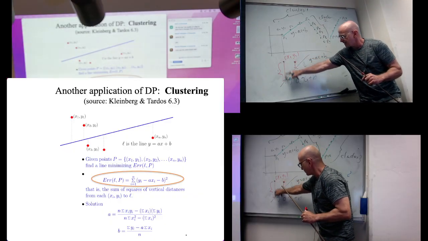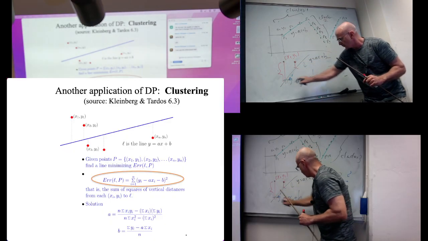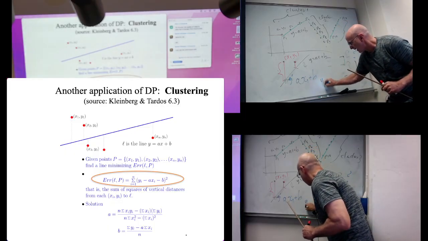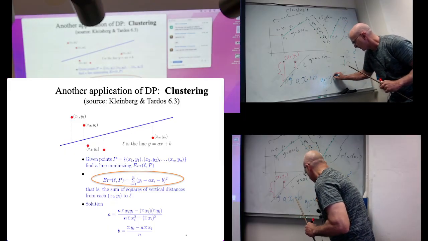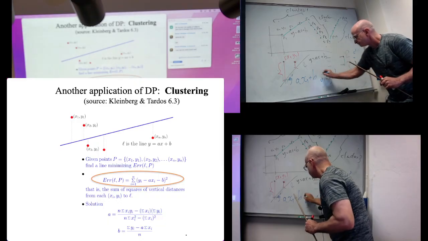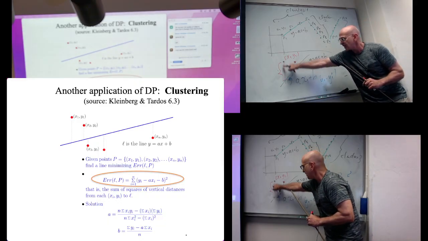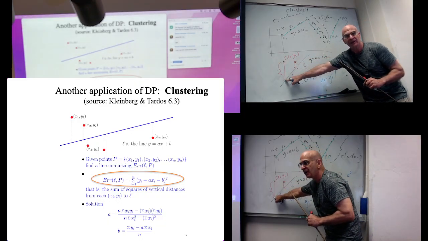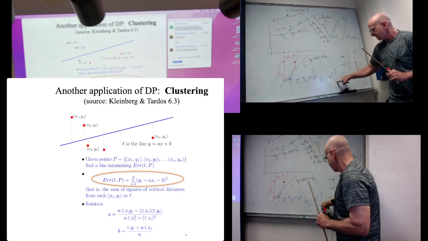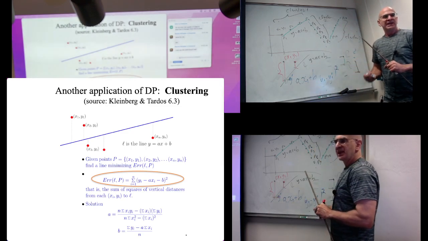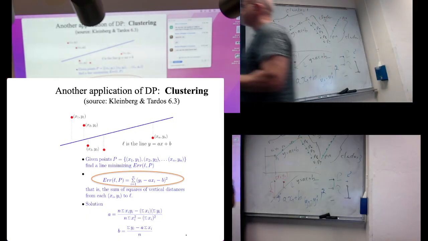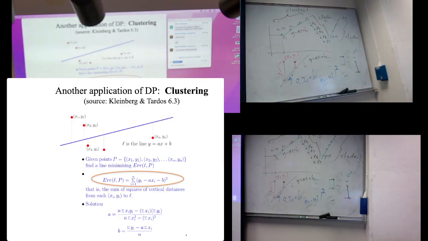What is the distance between them? I'm looking at y1 minus y1 prime. y1 prime is a point just below my data point, on the line itself. Look at this distance. Take the square of this value. This gives you the penalty.